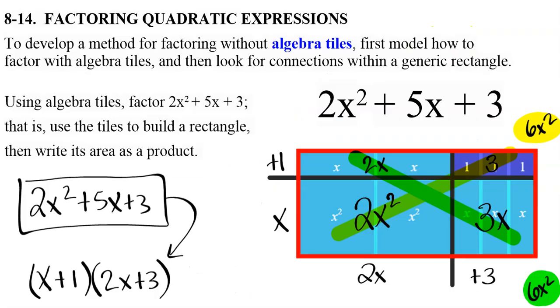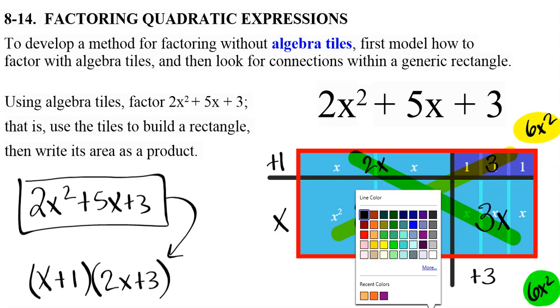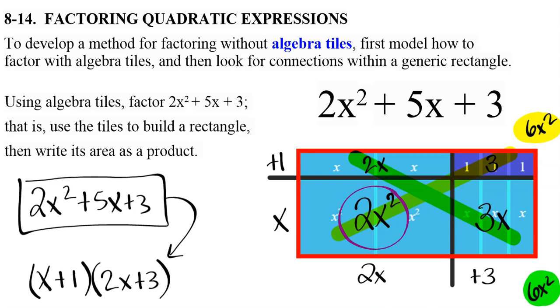So if we look at this also, we have 2x squared and 3 on the ends, and those are also diagonals in this one as well. So they show up here. So those don't ever change when we're factoring these things. So we've already identified some things with that. So 2x squared and 3 multiplies to 6x squared. And then somehow inside there's addition that adds up to the 5.